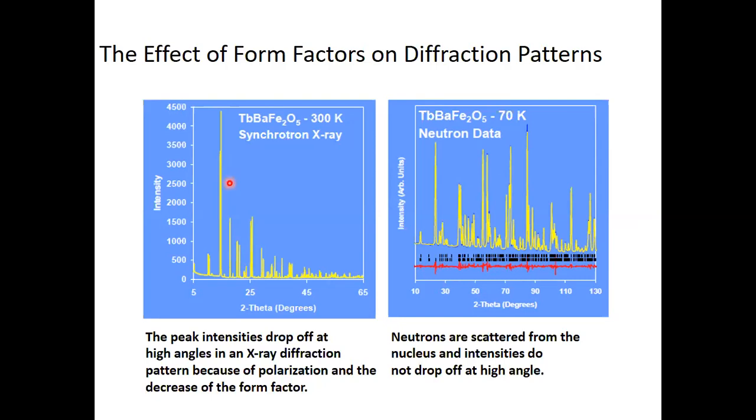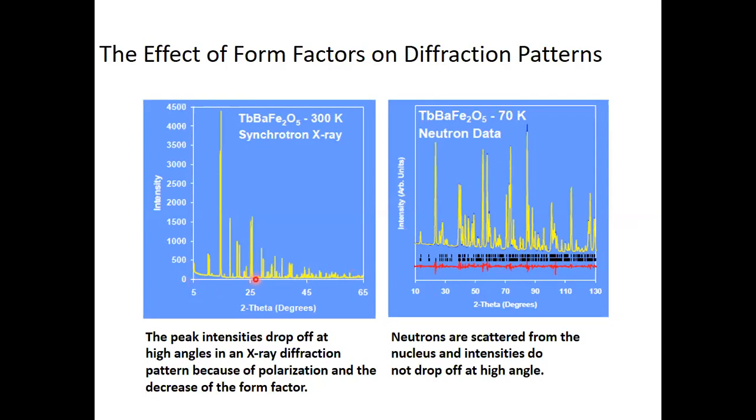Usually, at angles up to 40 degrees 2 theta, assuming that you use copper radiation, you can typically observe good intensities. But as you also see here, from this diffraction pattern, as you go to higher angles, in this case to 65 degrees, the peaks become already pretty small. And if you go to angles higher than 65 degrees, to let's say 80 or 90, then the intensities really become very small.